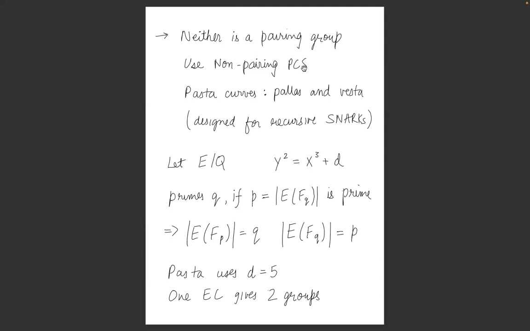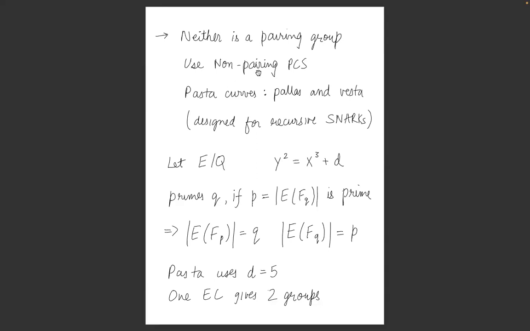So another option is to have both the groups as non-pairing, and these groups are the ones used in Halo. These are known as the Pasta curves, Pallas and Vesta, and these were designed for the Halo proving system.